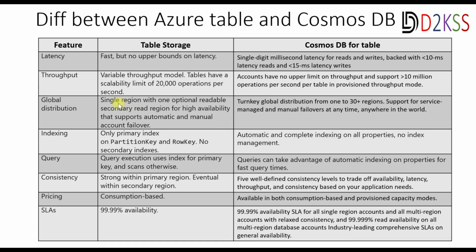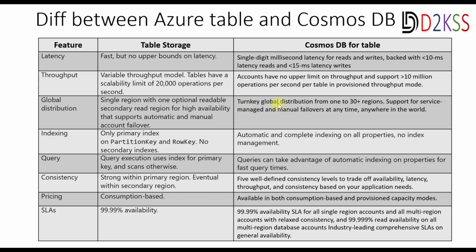Table storage only supports a single region with one operational readable secondary read region for high availability, which supports automatic and manual account failover. So in the first region you can perform read and write, while the secondary is read only; you cannot write. In the case of a total data center disaster, you cannot fetch the data.